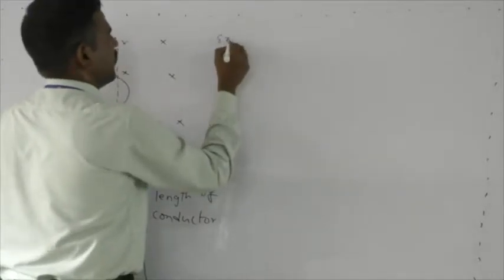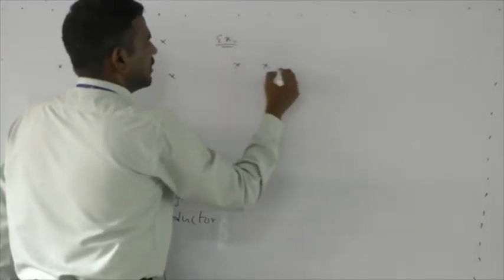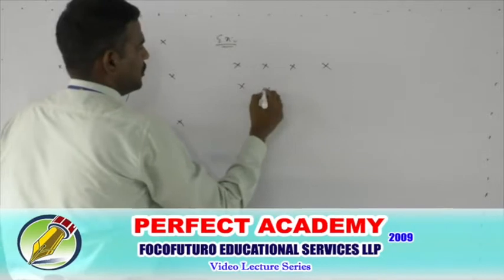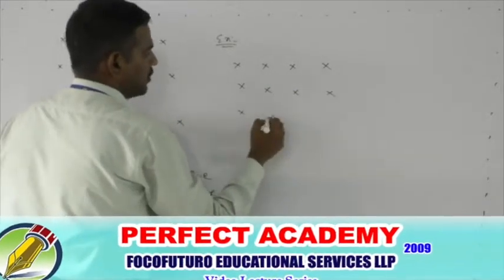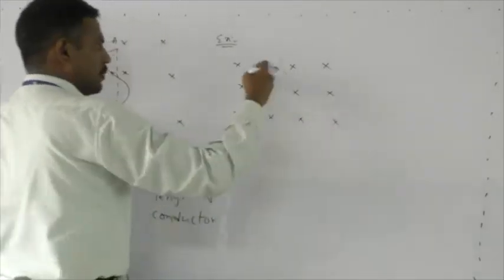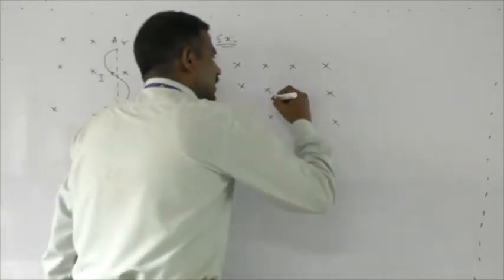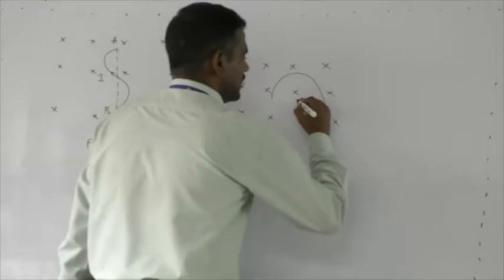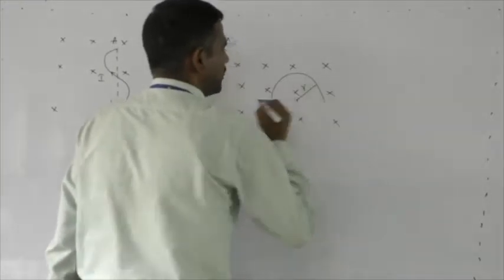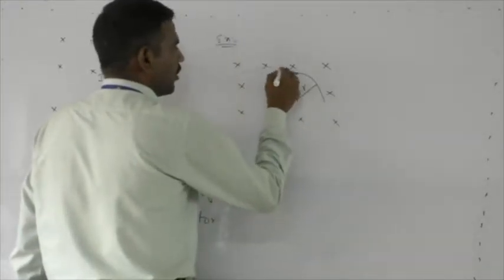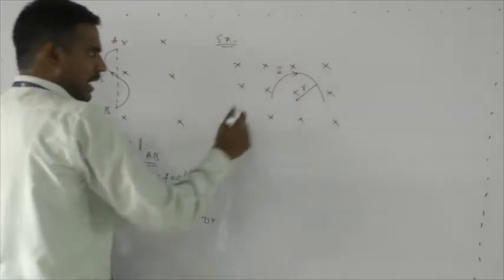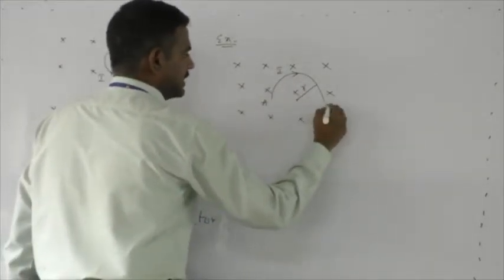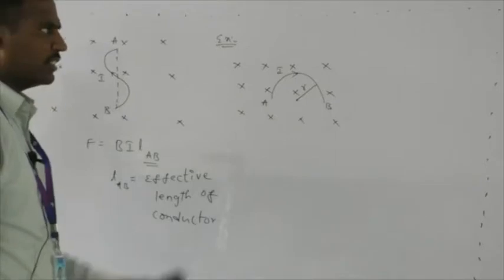Here I have one example for you. There is a transverse uniform magnetic field directed into the plane of the board, and a conductor in a semicircular shape with radius r, carrying current in the clockwise direction. Call this conductor AB. What is the force acting on it?